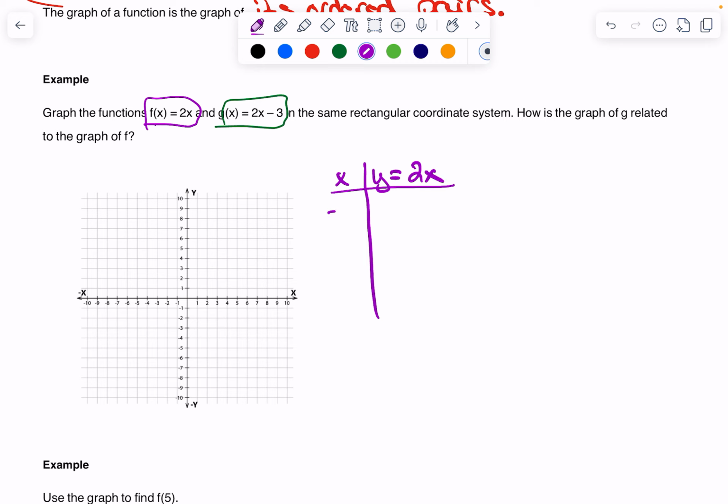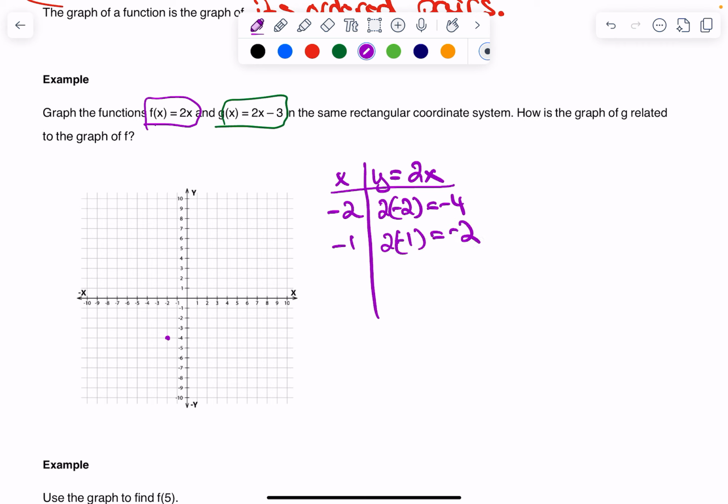We're going to start with -2. So 2 times -2 is going to be -4. So our ordered pair is -2, -4 right here. We're going to continue with -1. So 2 times -1 is going to be -2.